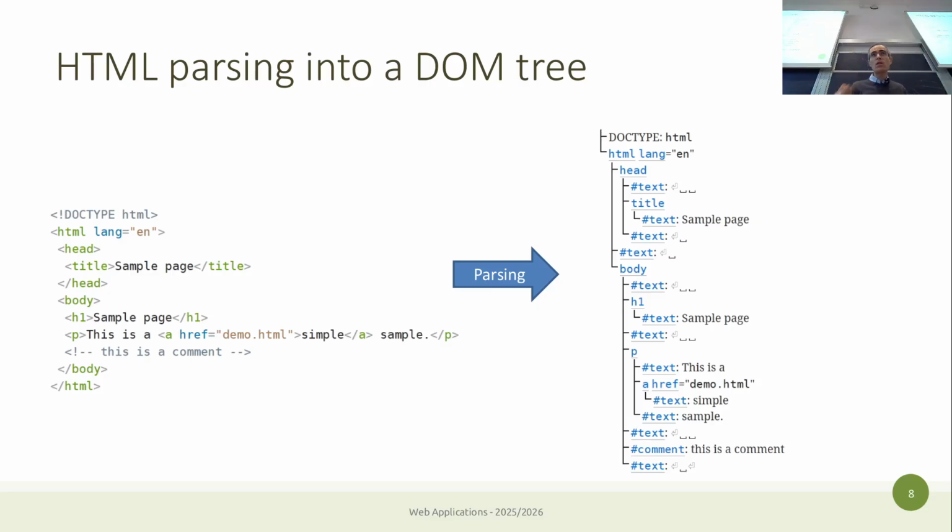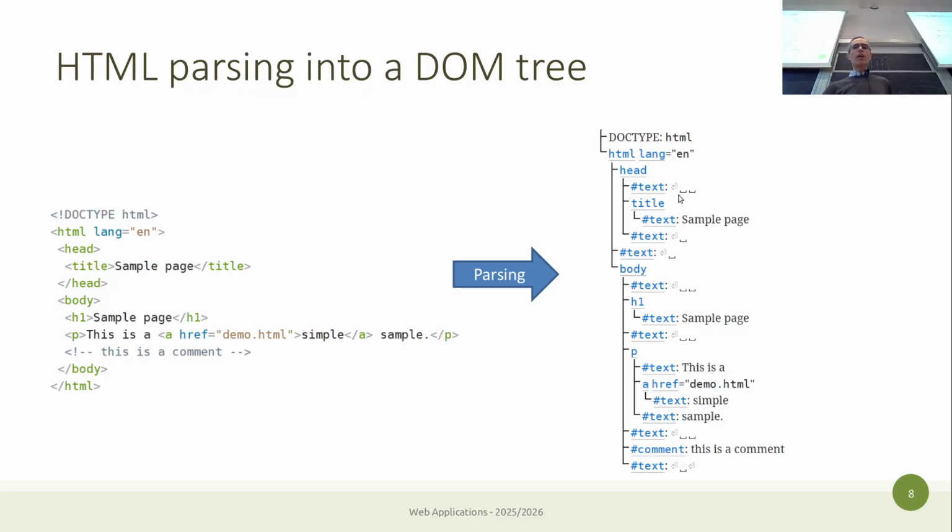So, a tree structure, okay? So there's this root element, HTML, then head, body, and so on. Okay, everything is converted, also text.